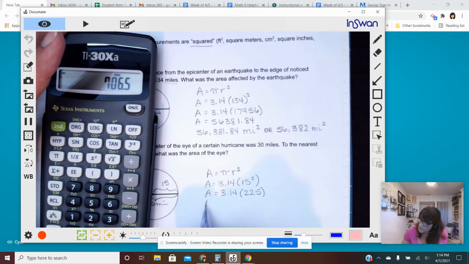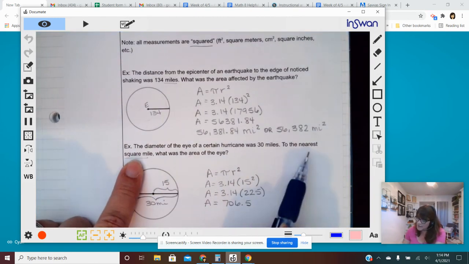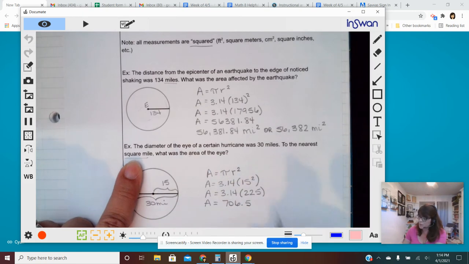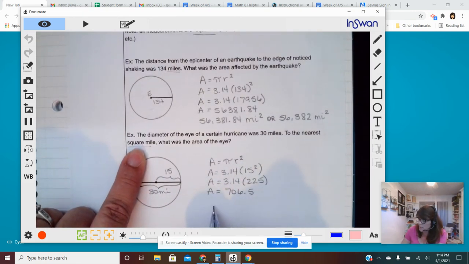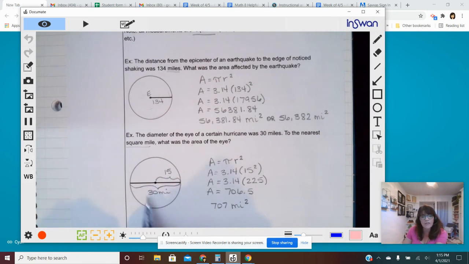All right, so area equals 706.5. Now, a couple things on this one. It asks for the nearest square mile, which means I need to round. So this is 707 miles squared. The eye of that hurricane, 707 square miles.